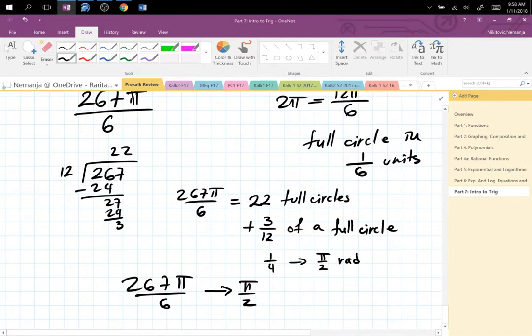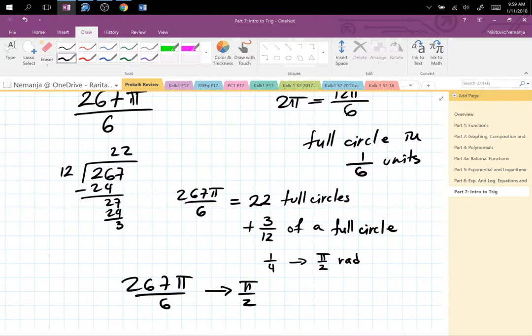So 12 into this goes 22 times, and then 3 over 12 left. 3/12 of a full circle is 1/4, and 1/4 of a full circle is pi over 2. So there we go. It's 22 full circles, and then 90 degrees on top. If you want to graph that, you will have to go 22 times around, and then that pi over 2 on top.